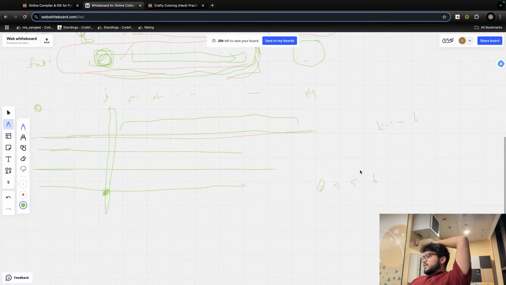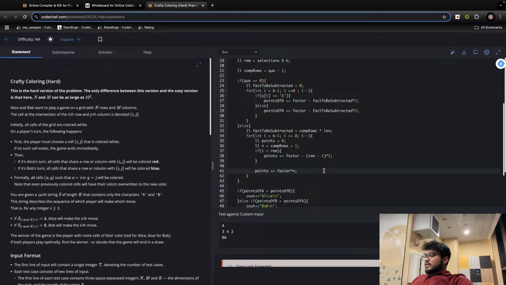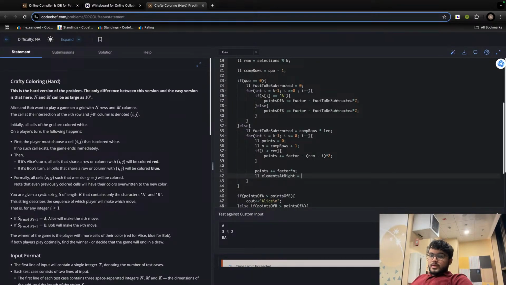So how many indexes are there? K minus 1 minus I, right? 6 minus 3, 3 elements. So here are 3 elements at right. What will be the value?